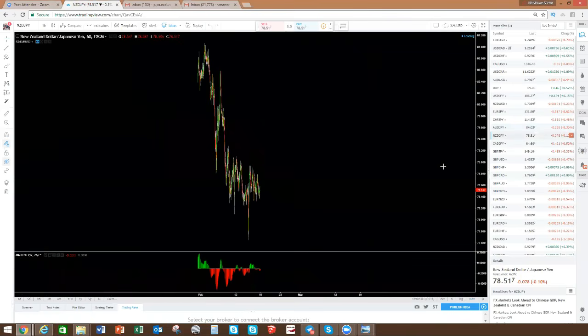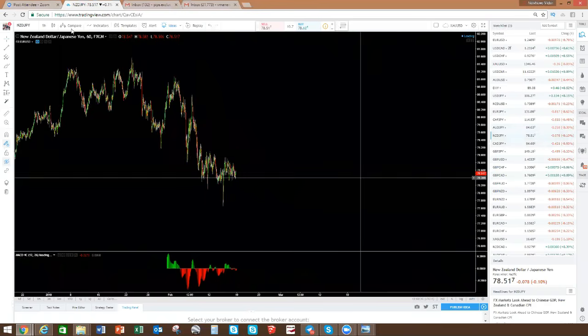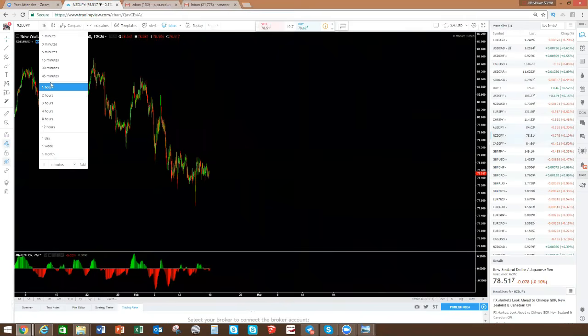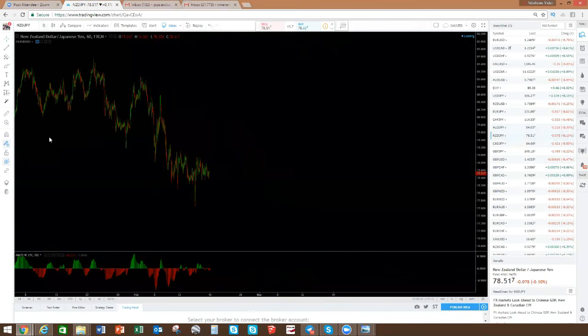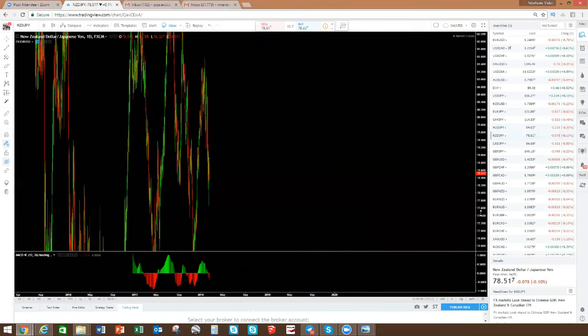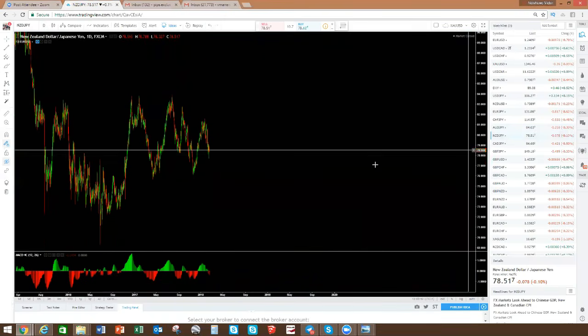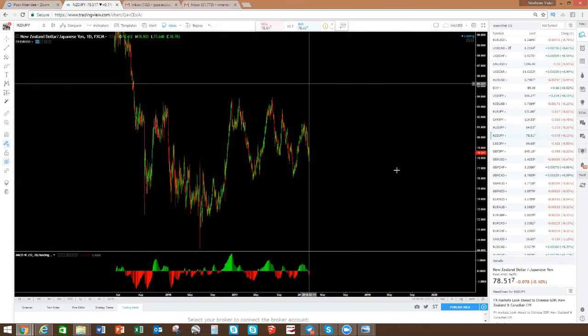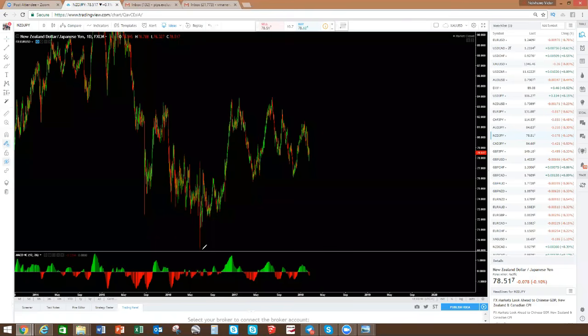New Zealand. Let's go daily here as well first. So New Zealand, if you remember what I said last week, this is your swing high, swing low. And now we're correcting, we're starting to come back with this swing here. It's an impulsive swing.